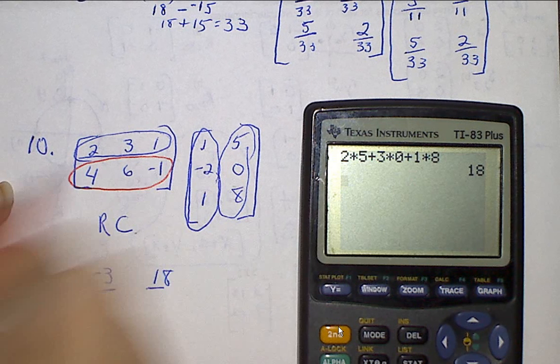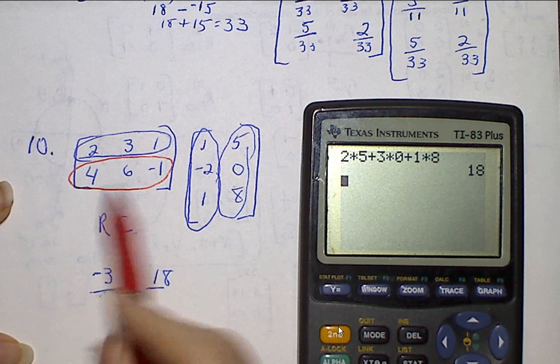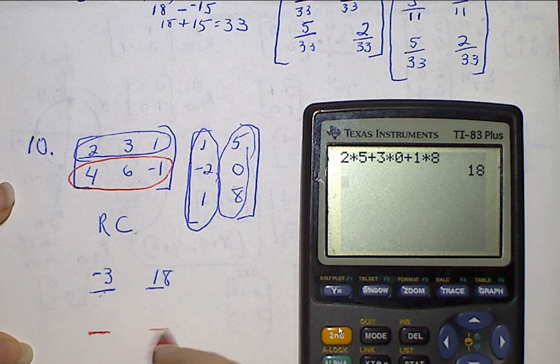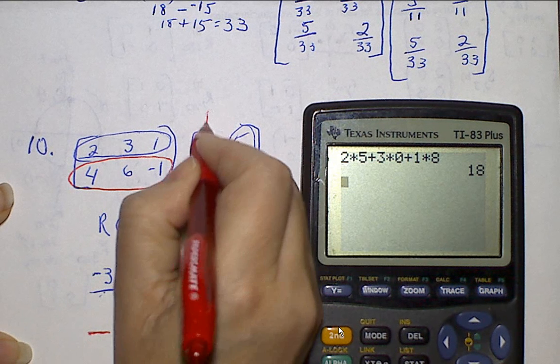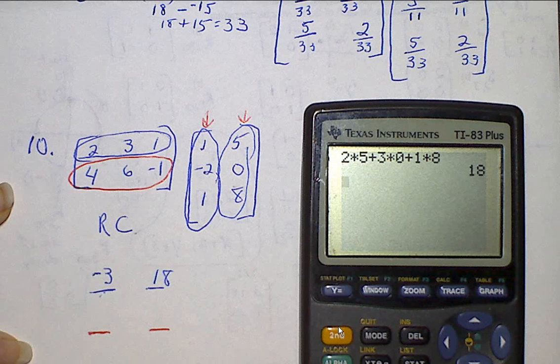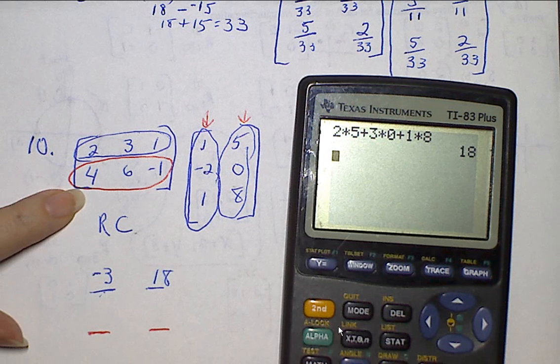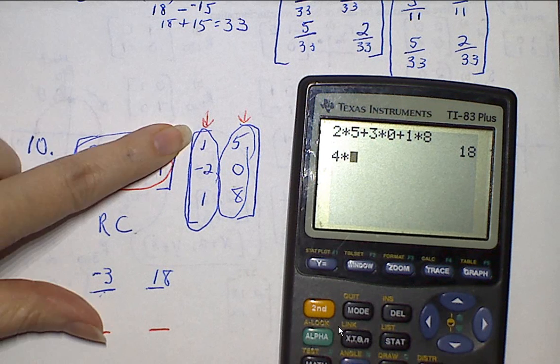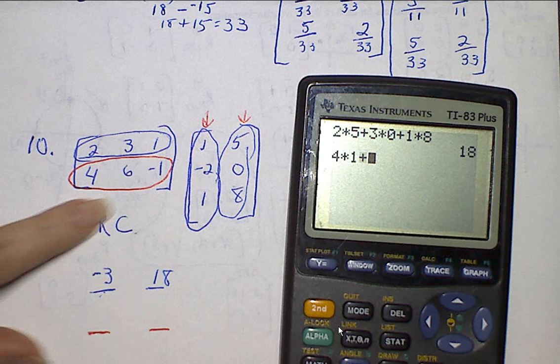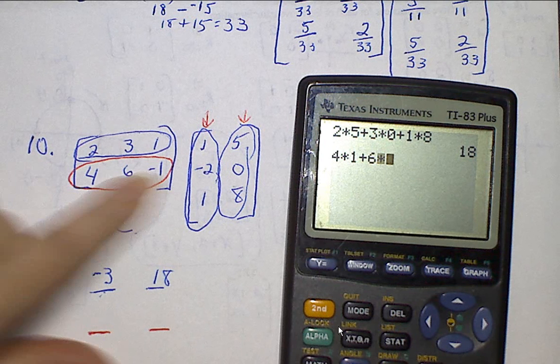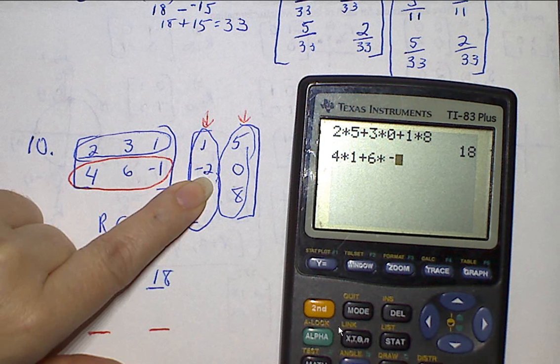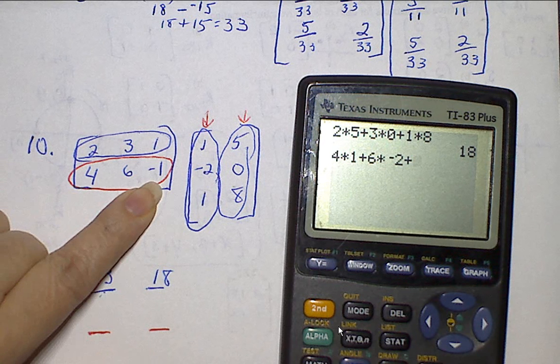Alright, so the bottom one, that's where it gives you the bottom row. So this will be the first number, and that'll be the second number of the bottom. So then you go 4 times 1 plus 6 times the negative 2 plus negative 1 times 1.